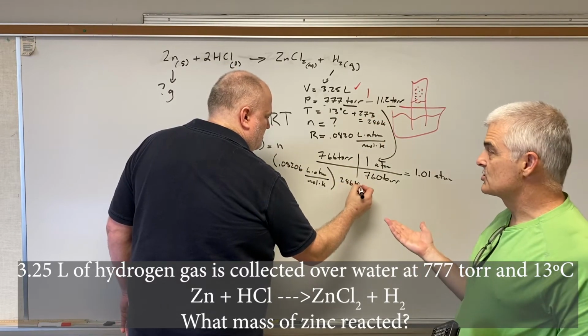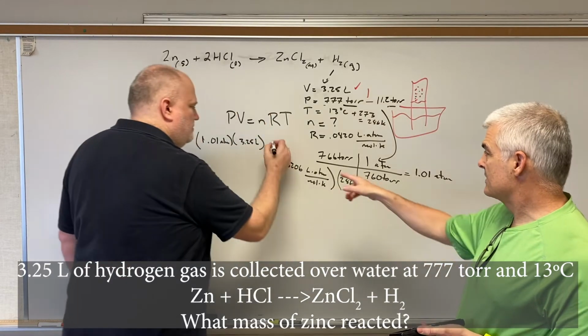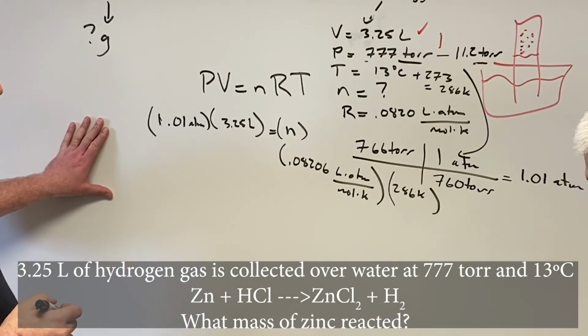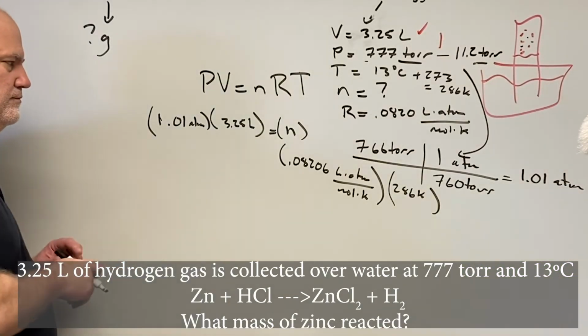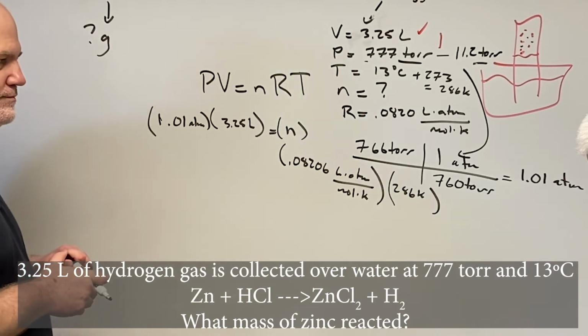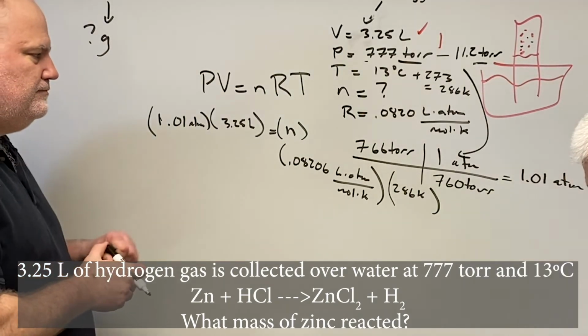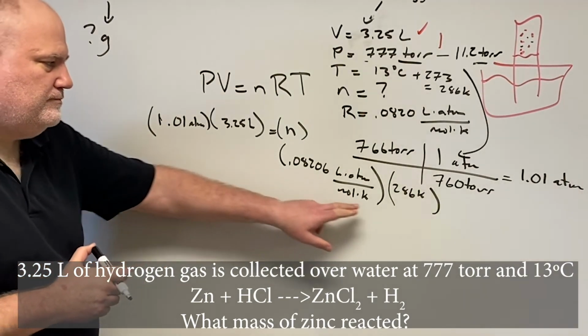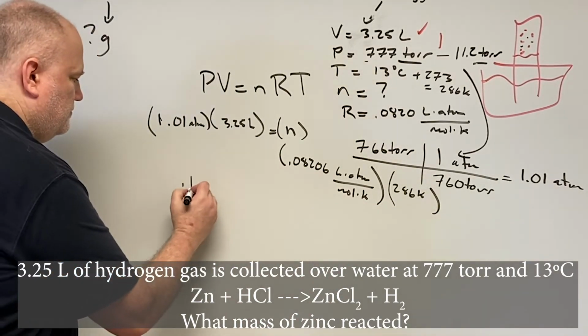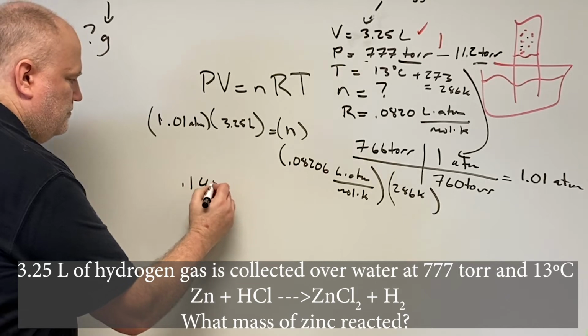So now we can solve for n. Now we're not done yet, but I'm going to multiply the things on the left and divide by the things on the right. So 1.01 times 3.25 divided by 0.08206 divided by 286 gives me 0.140.